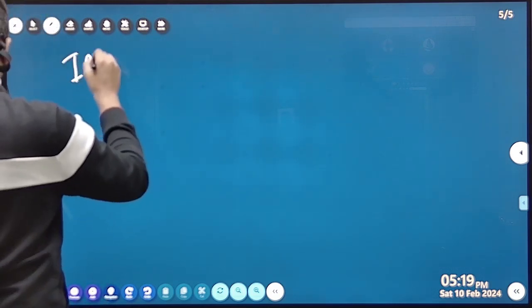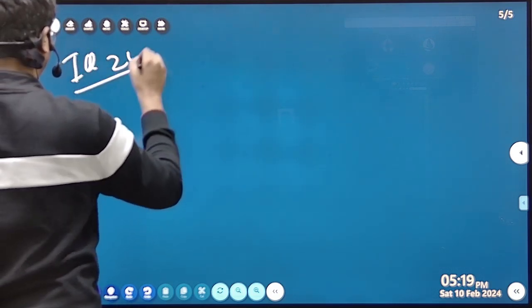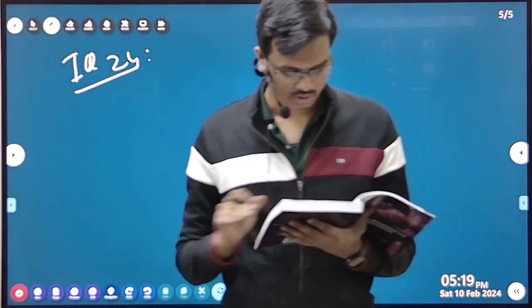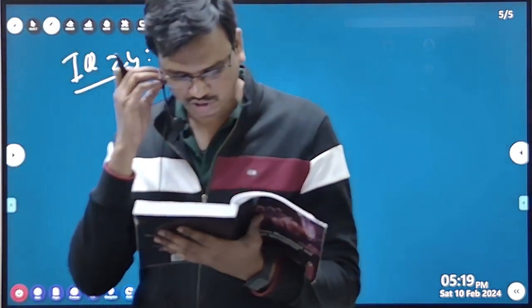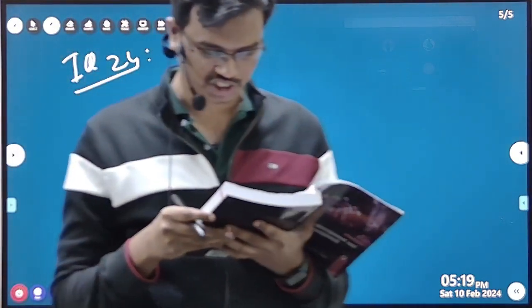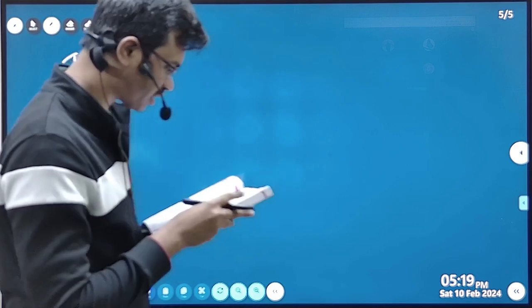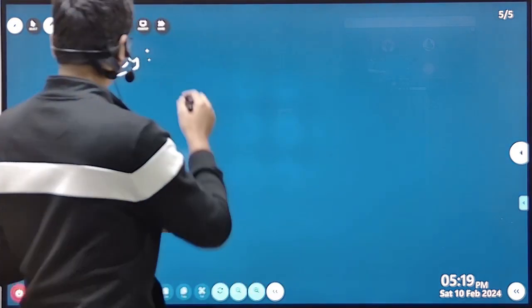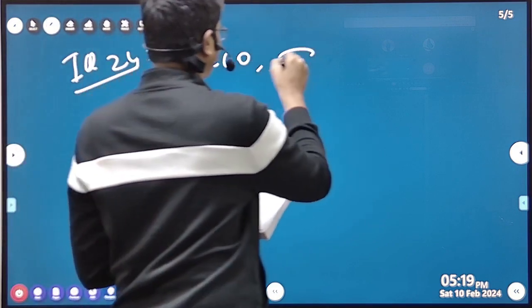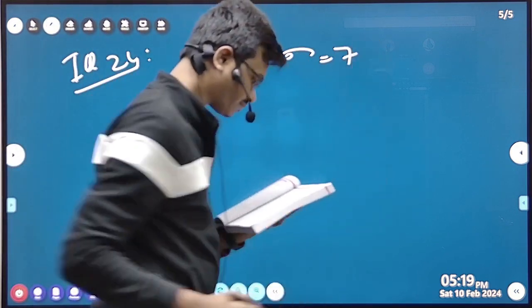It's a similar problem, illustration 24. It says the daily demand for a certain product is normally distributed with a mean of 60 and a standard deviation of 7.